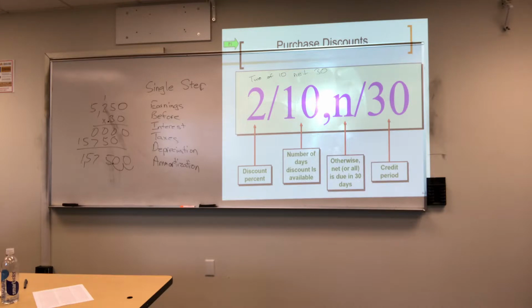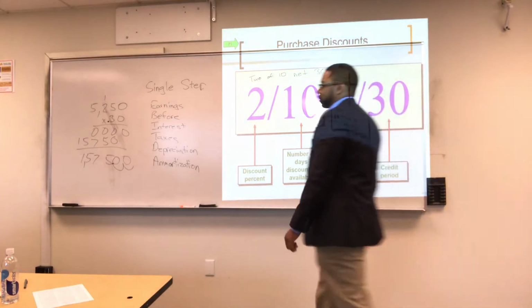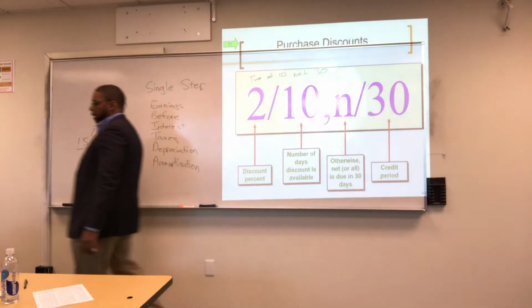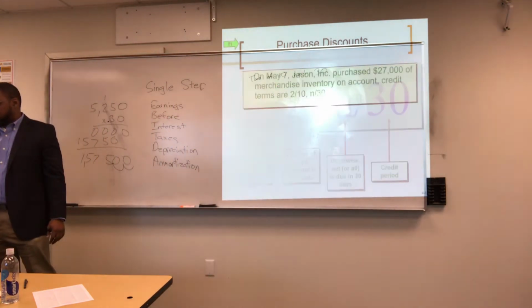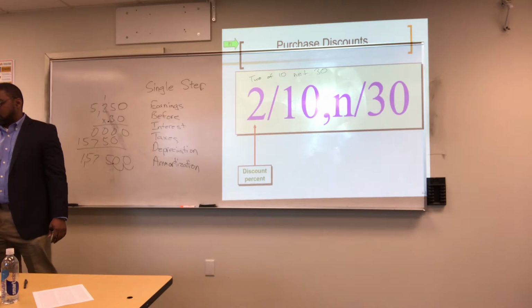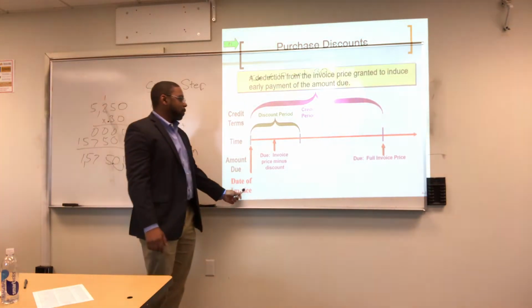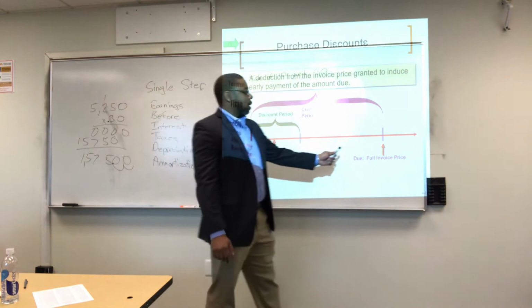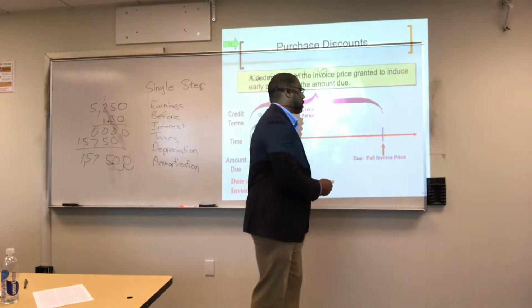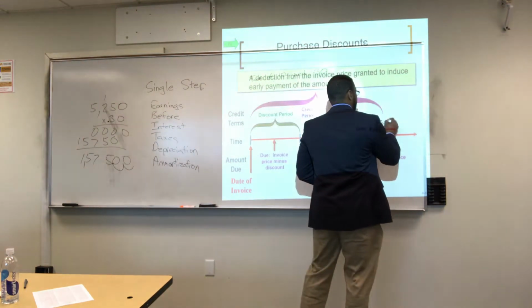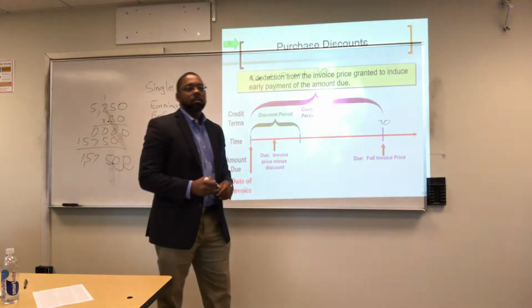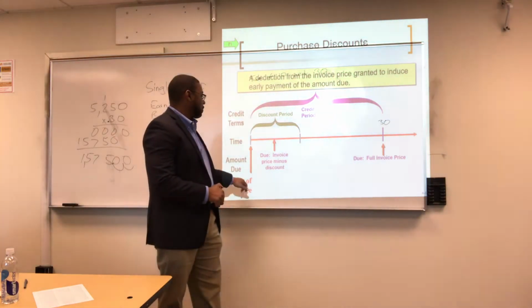So this is 2 of 10, net 30. What does it say? It says that there's a timeline. That timeline states that from the invoice date, it is due in 30 days. From the invoice date.